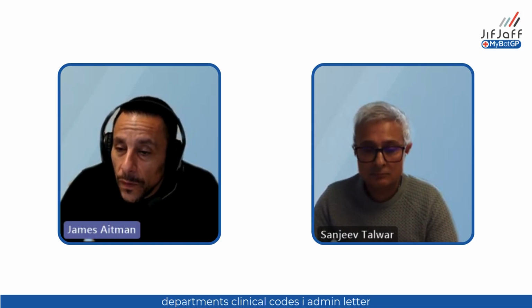The next one is, can you have one letter type, for example, admin letter, but have it set up for several different departments, clinical codes, i.e. admin letter, urology, DNA, appointment, and admin letter, dermatology, referred to urology? That's a question for Sandra, I believe. Yes, 100%. One of its strengths is a single letter can be split and sent to different departments based on the keywords.